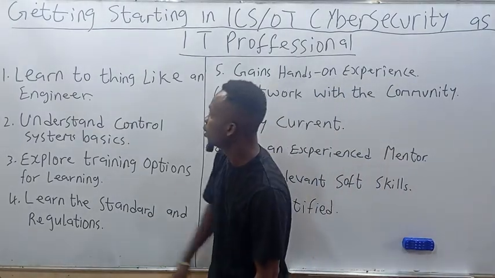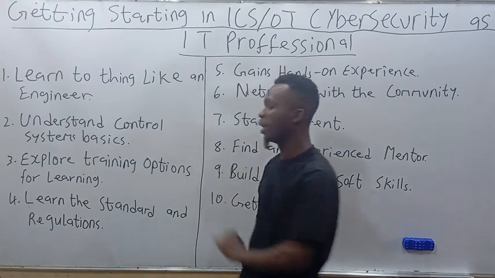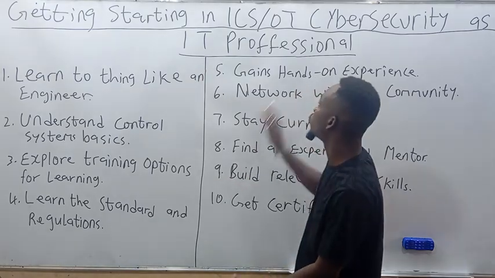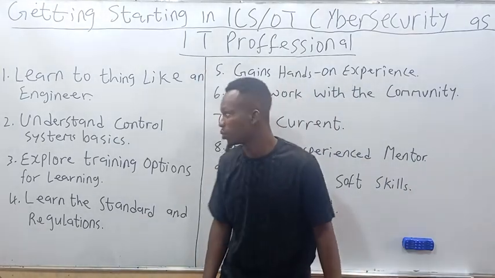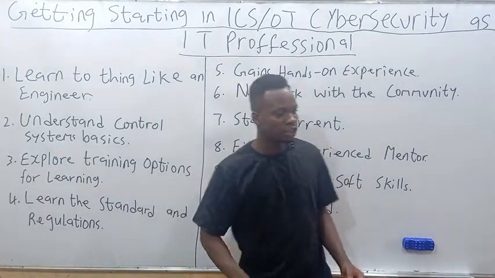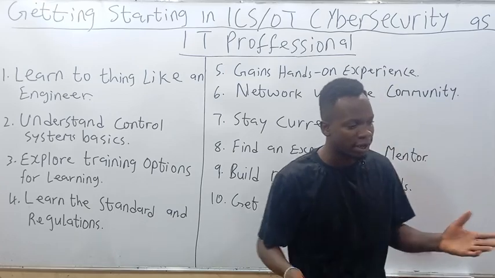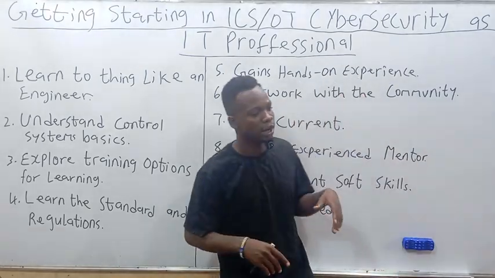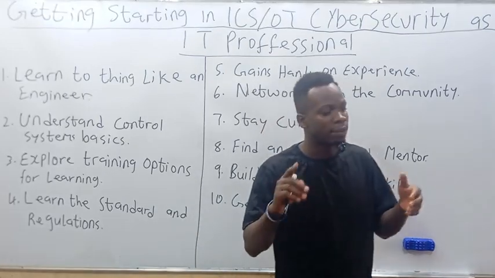Number one thing is that you have to learn to think like an engineer. For you to switch to operational technology cybersecurity, you need to learn how to think like an engineer. Normally in IT, we think about users, servers, applications, and data.